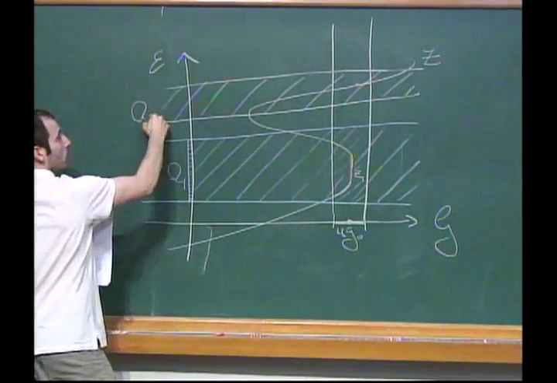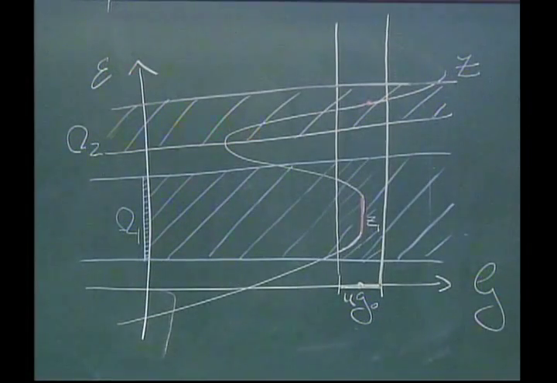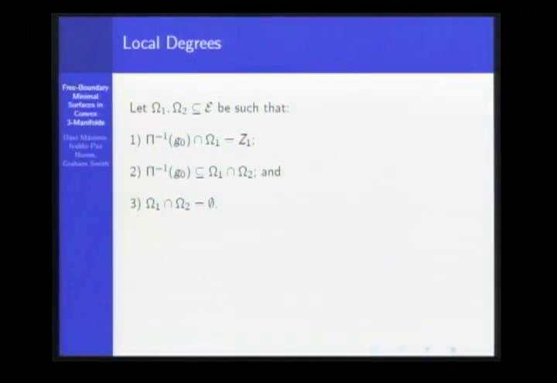We let omega 2 be a neighborhood of everything else. And we look at the local degree in omega 1, the local degree in omega 2. So, we take omega 1, omega 2, and E, such that Z1, the space of all critical catenoids, is contained in omega 1, and all the other solutions that we don't know about are contained in omega 2. And the intersection of these two open sets is empty.